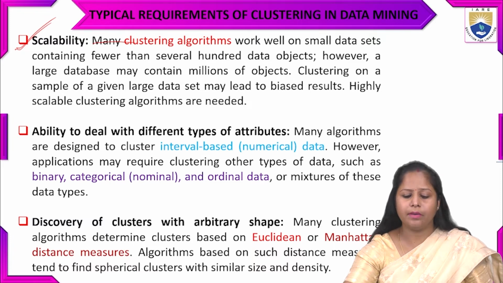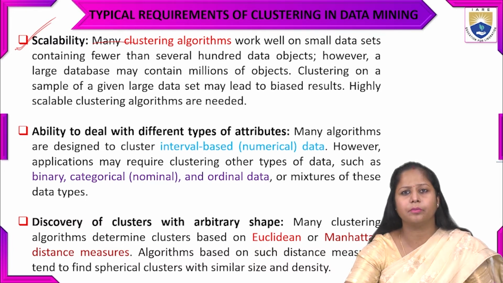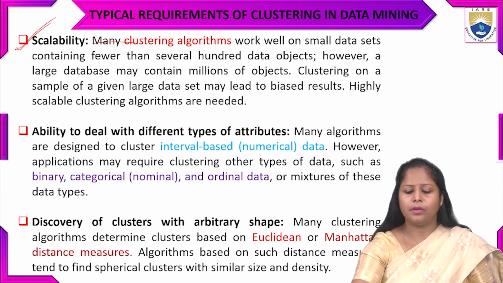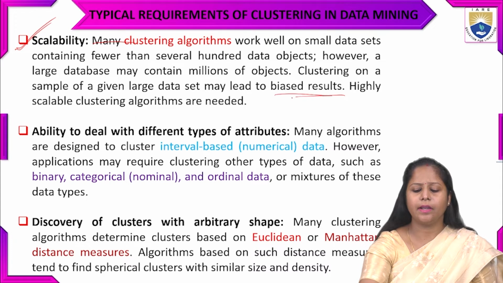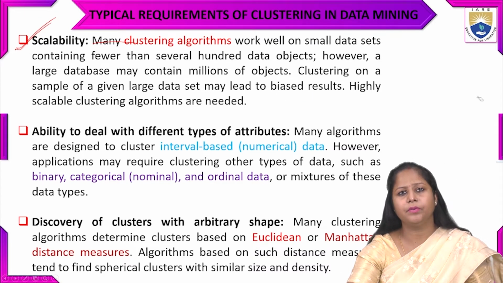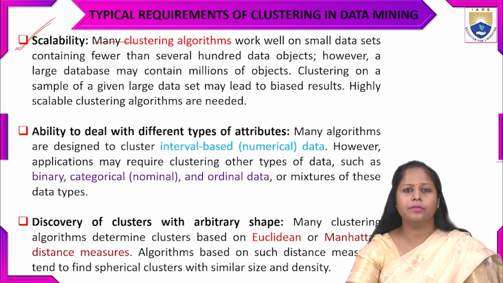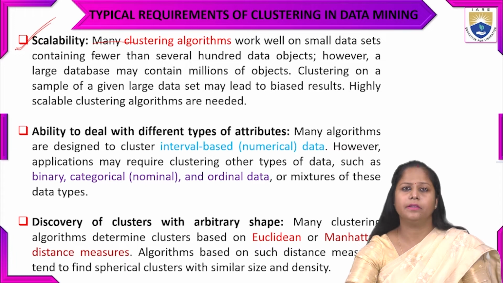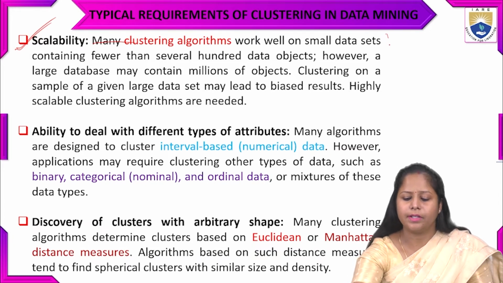Because there may be chances of similarity, missing data, or some fraudulent data. On the basis of that, we can have biased results. So we need highly scalable clustering algorithms to work on larger data sets.